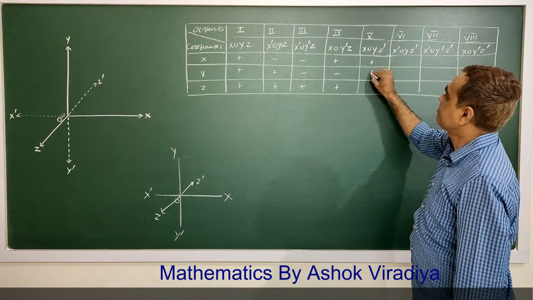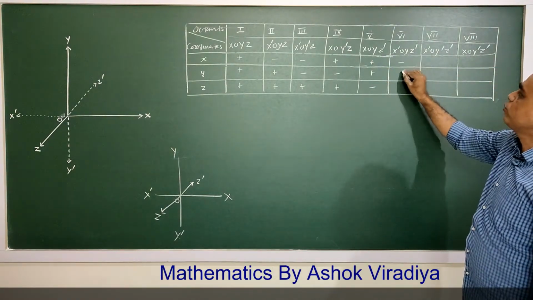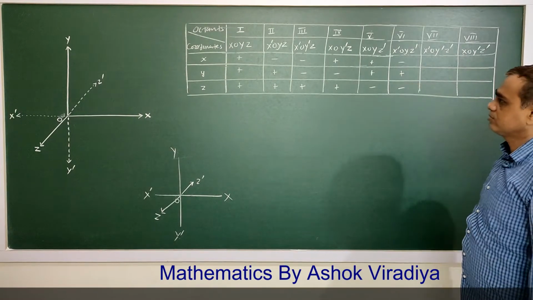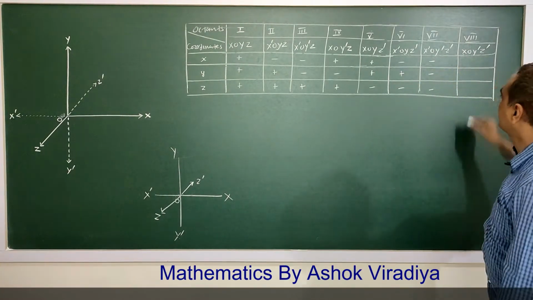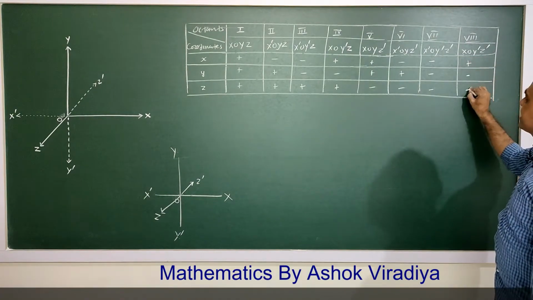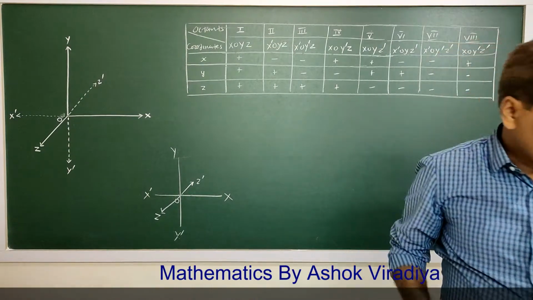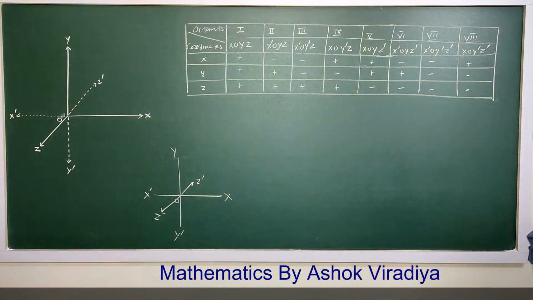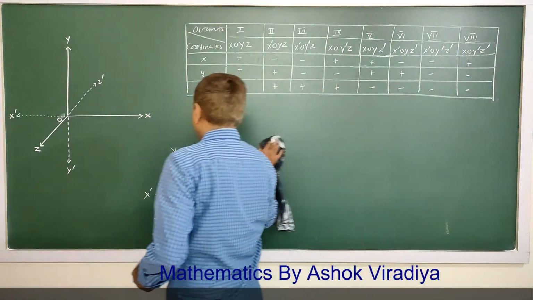X positive, y positive, z negative. X negative, y positive, z negative. X negative, y negative, z negative. X positive, y negative, z negative. So this is the way to find the location of any point, whether it lies in which octant.